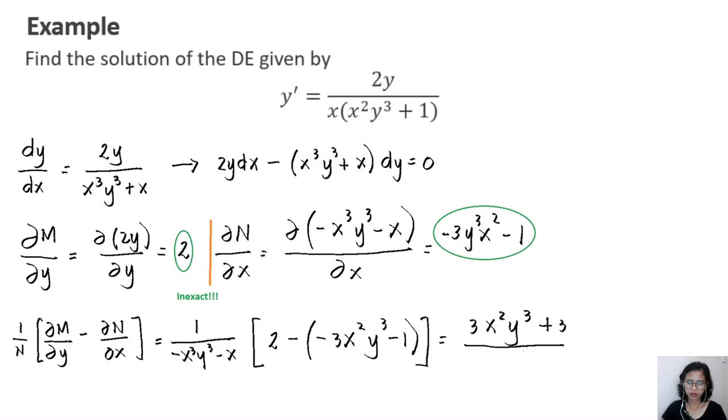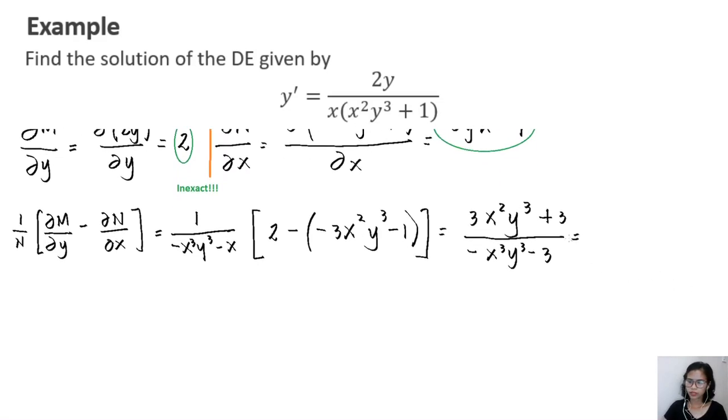All over negative x cubed y cubed. But I can factor out here 3, that will become 3 times x squared y cubed plus 1. And for the denominator, I can factor out negative, why am I writing it 3? Sorry guys, it's not 3. That is x.